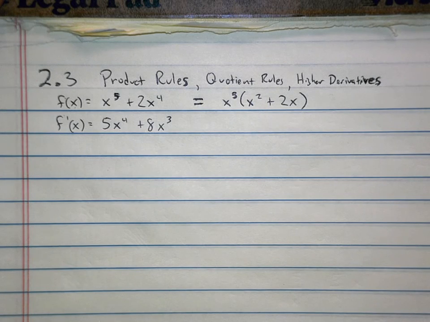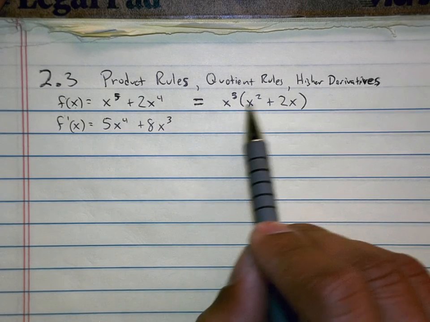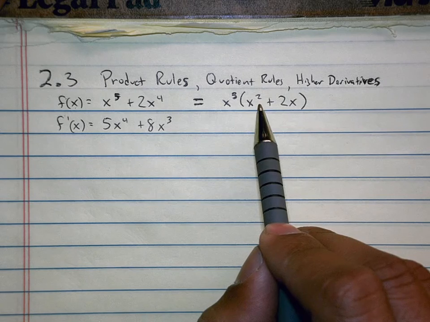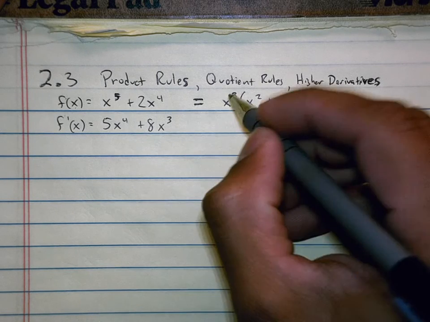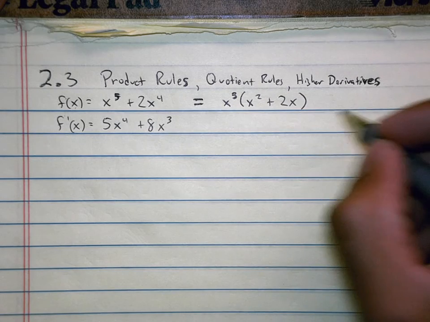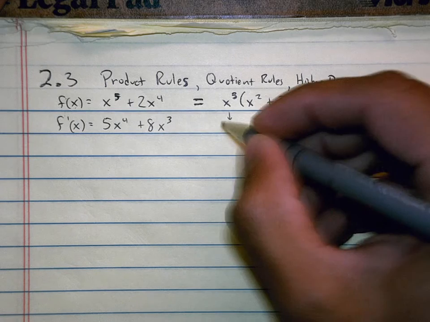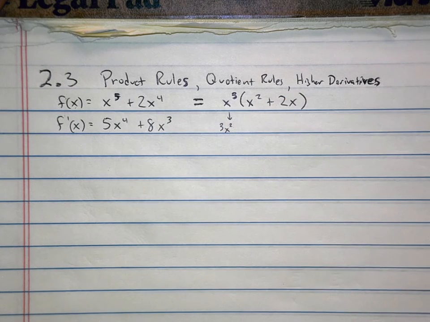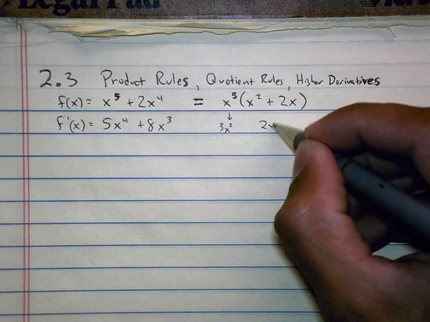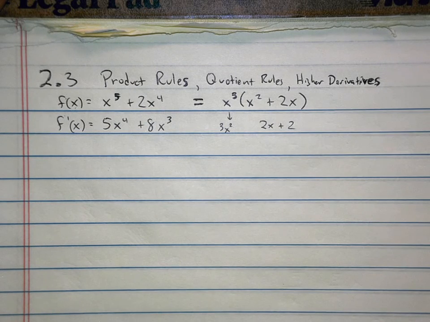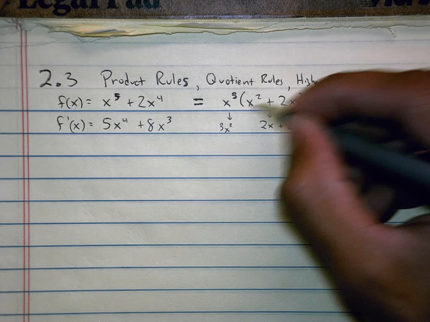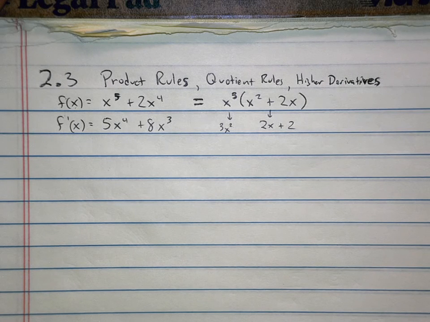Okay, so let's look at what would happen if I try to take the derivative of this piece and this piece. If I try to take the derivative of this piece, the derivative would be 3x squared, right? If I try to take the derivative of this piece, it would be 2x plus 2, of just this parenthesis.